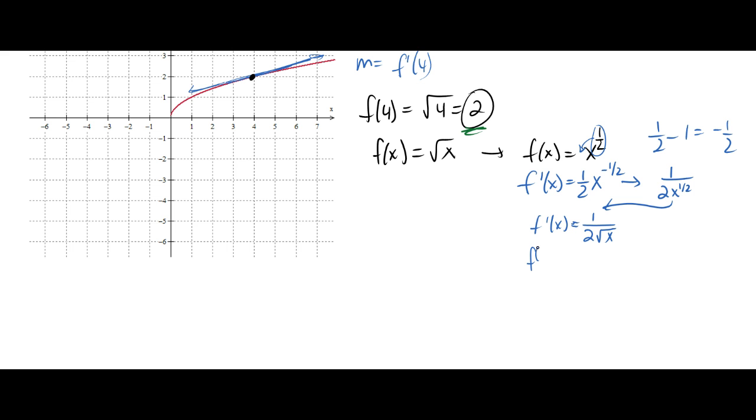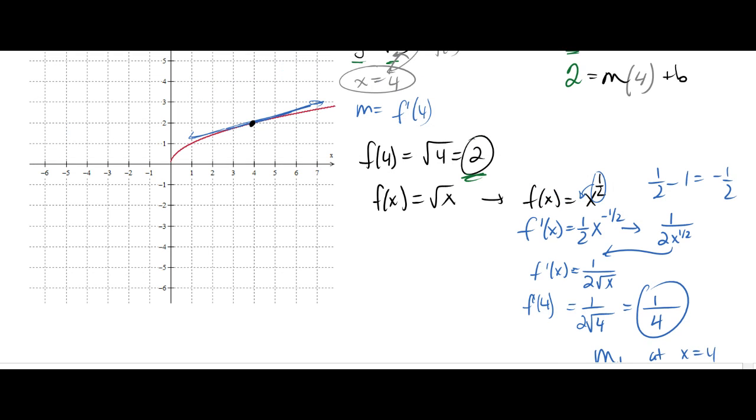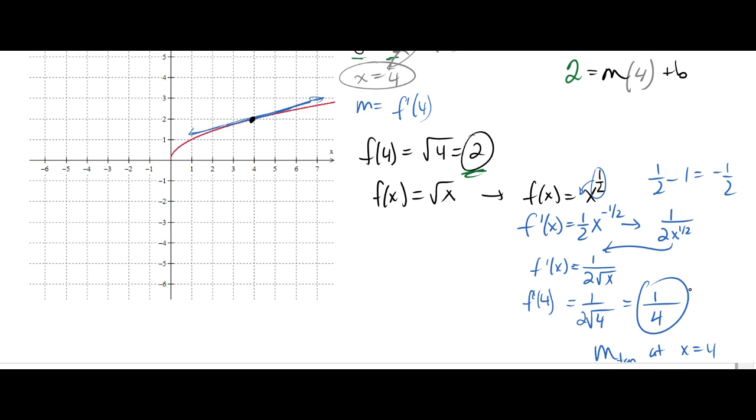So we obviously want the slope of the tangent line at 4, which is going to be 1 over 2 times 2, which is 1/4. So this represents our slope of the tangent line at x equals 4. So then we can go ahead and fill this value into here. I'm just going to copy this over here for simplicity's sake.